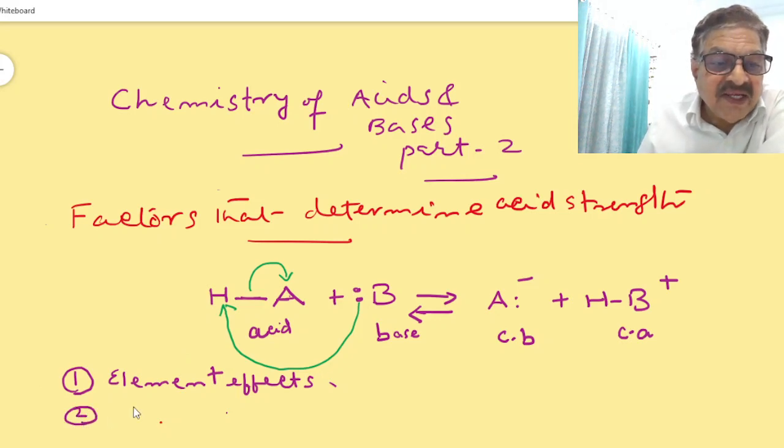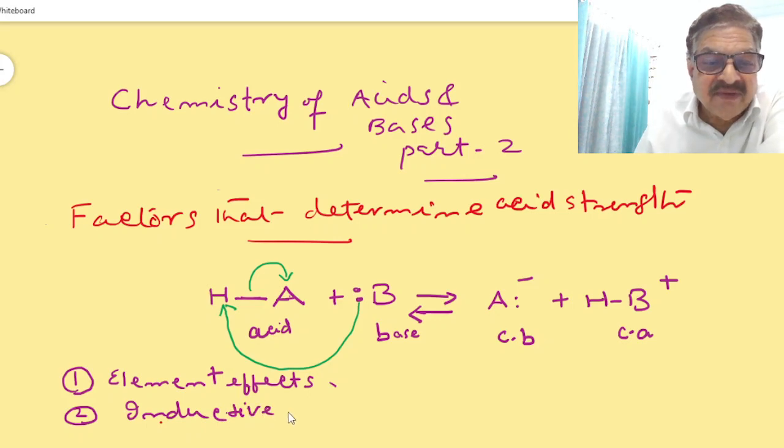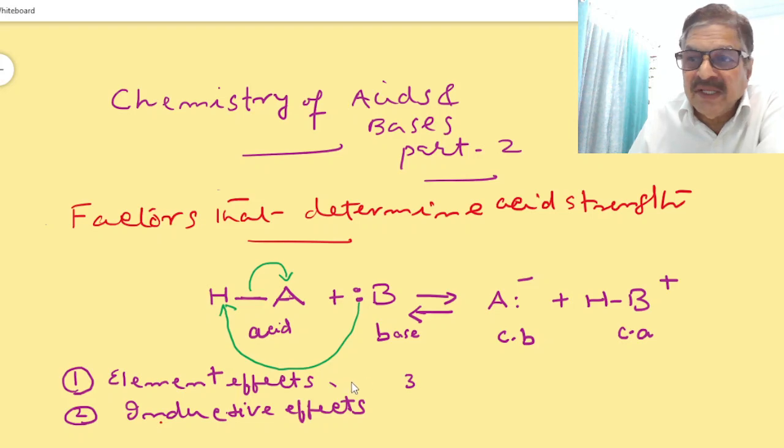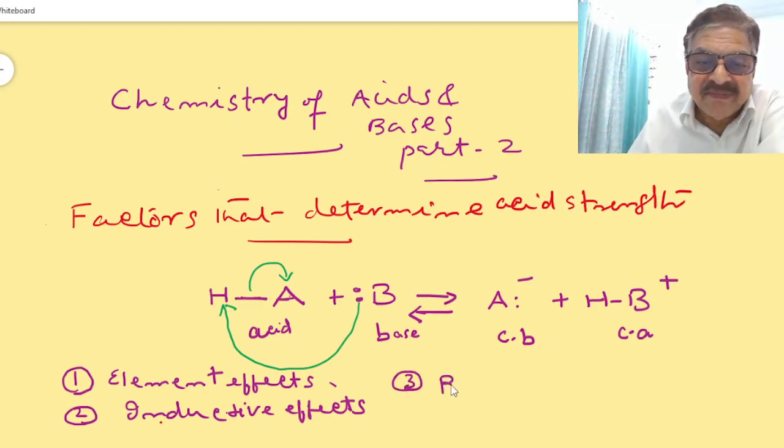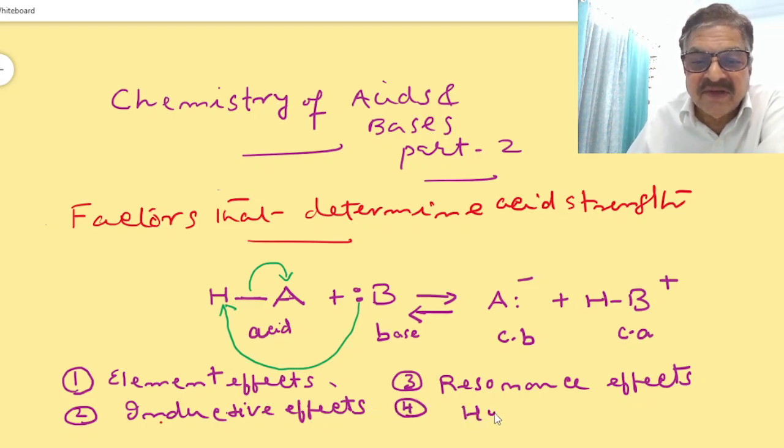The second one is the inductive effects. You are familiar with inductive effects, still I will explain. The third one is the resonance effects. Then the fourth will be hybridization effects.